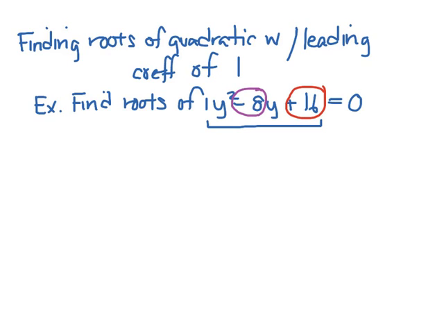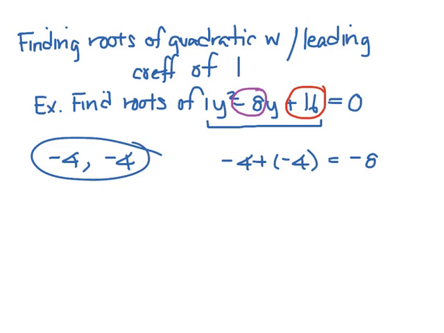So again, if we go to factors of positive 16, we can think of negative 4 and negative 4. So my factors are negative 4 and negative 4. Negative 4 times negative 4 gives me a positive 16. Negative 4 plus negative 4 equals negative 8.